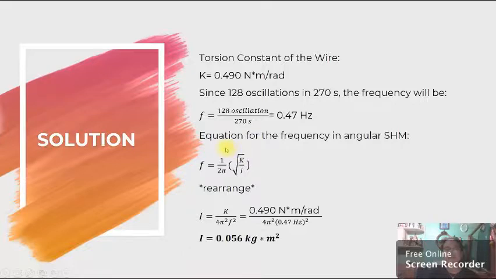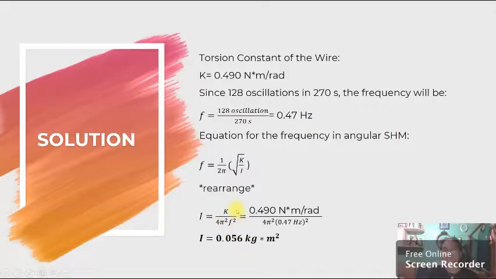Since we have a value for our frequency and need to find the moment of inertia, we're going to rearrange the equation with respect to the inertia. The formula we're going to use is I is equal to K over 4 pi squared f squared.